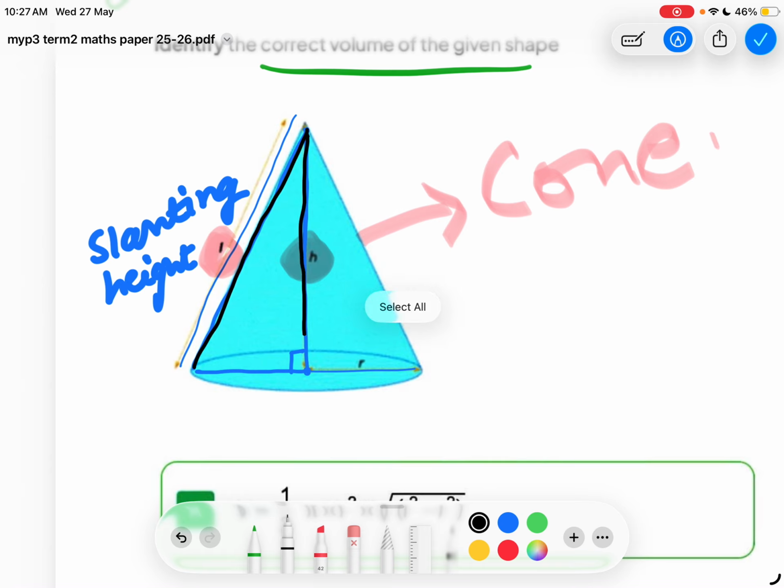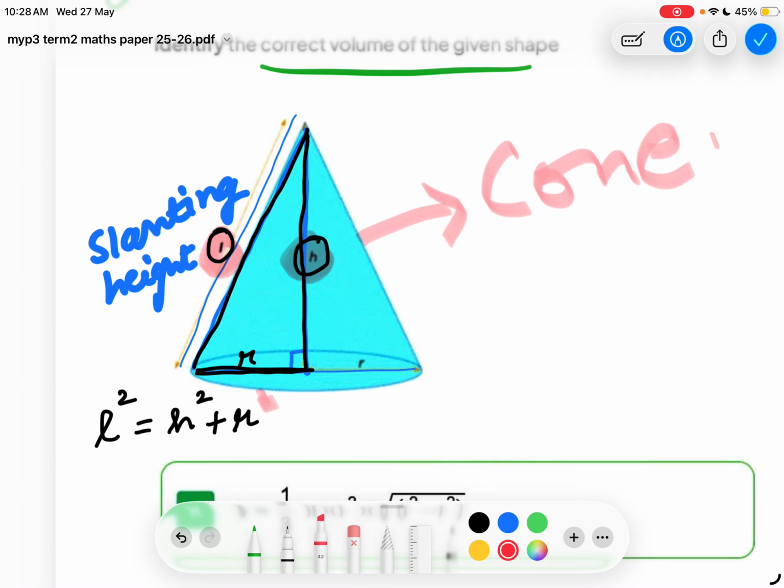And this is perpendicular and this is base. So using Pythagoras theorem, hypotenuse square, which is L square here, is equal to the perpendicular square, which is h square, plus this is also r, so r square, right? So I should know this relation as well, that L square is equal to h square plus r square.